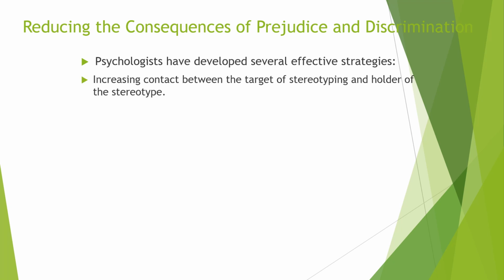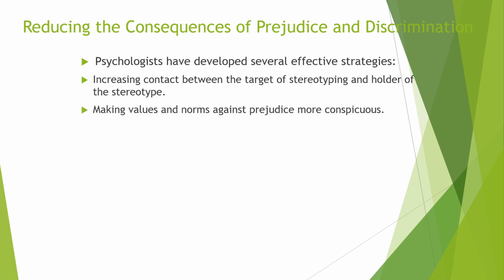One is to increase contact between the target of stereotyping and the holder of the stereotype. So increase contact between the person who has the stereotypical thoughts and the person they have them against. And that should hopefully decrease some of that prejudice and discrimination.